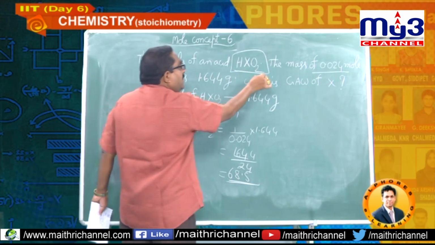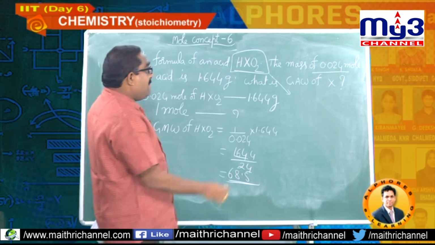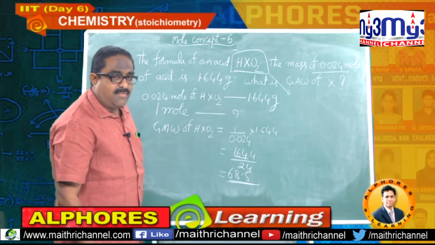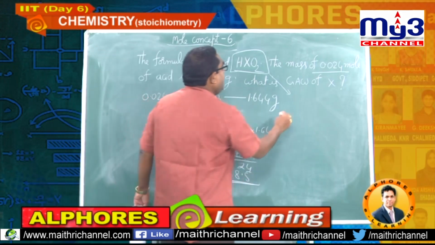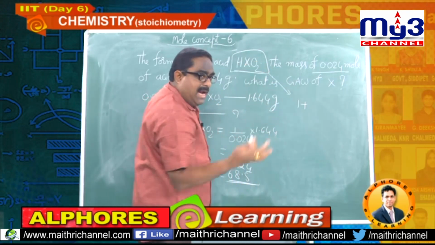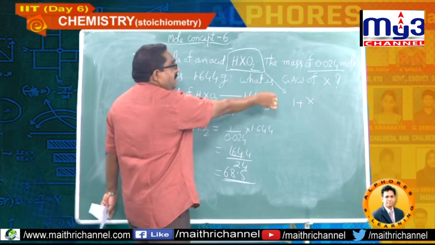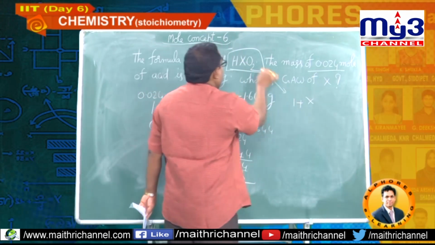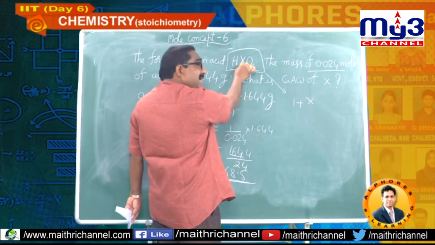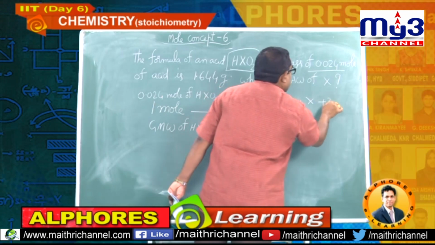He has given the molecular formula. So from the molecular formula, how can we calculate molar mass, students? Yes, by adding the respective atomic weights of all the elements present in it. Hydrogen 1 plus element X, I don't know. Here I am calculating molar mass: 1 plus the atomic weight of X, which I have taken as X, plus 2 into the oxygen atomic mass, that is 32.